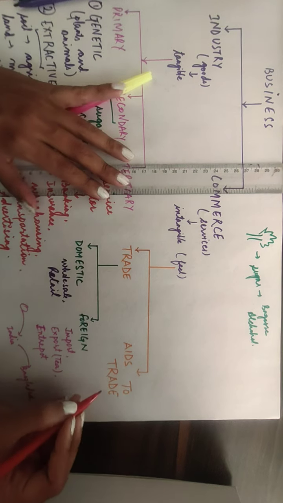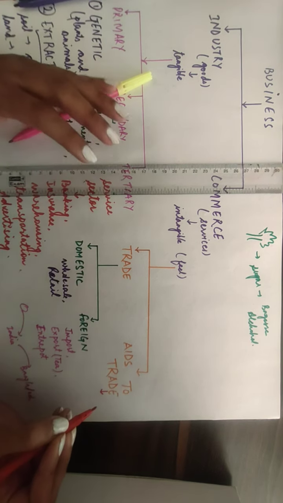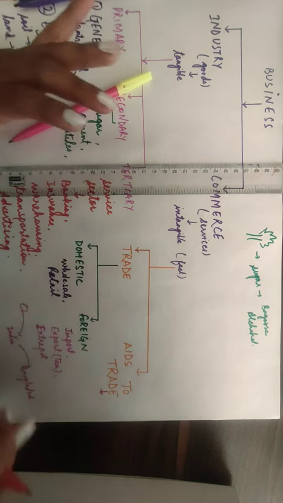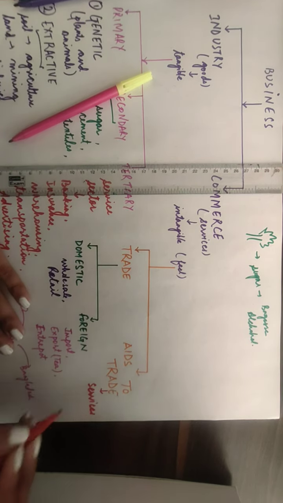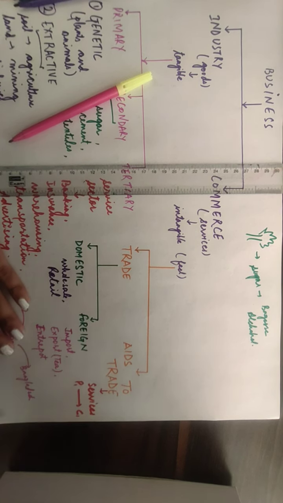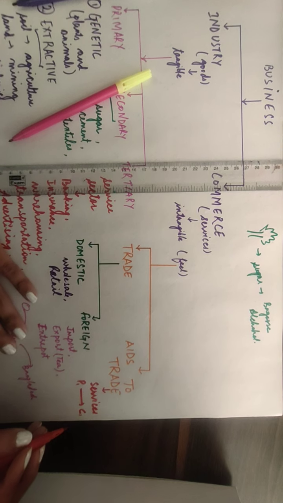The next part is aids to trade. Now aids to trade and tertiary sector, I told you that's the same thing. So all the services by which the goods go from the producer to the customer. So P1 is the producer, C1 is the customer.